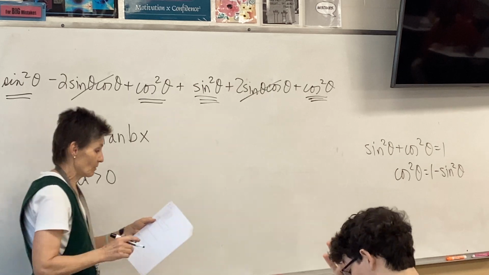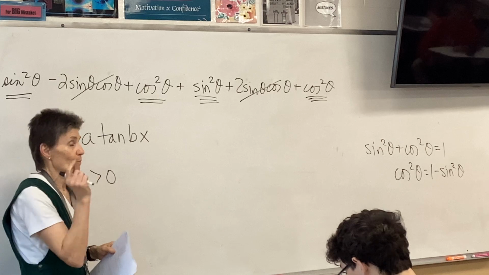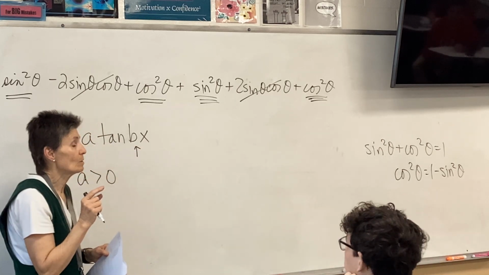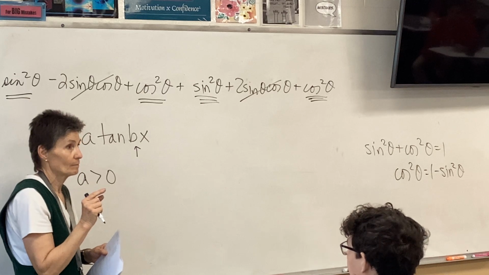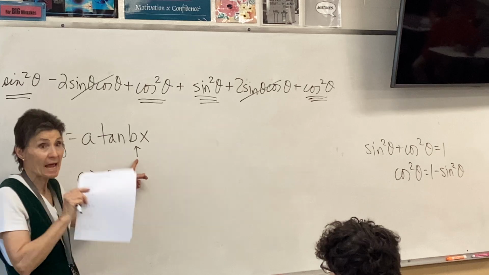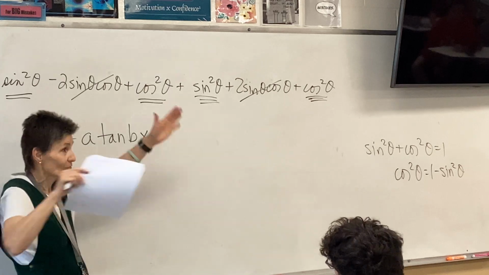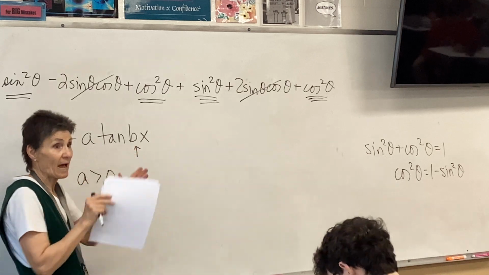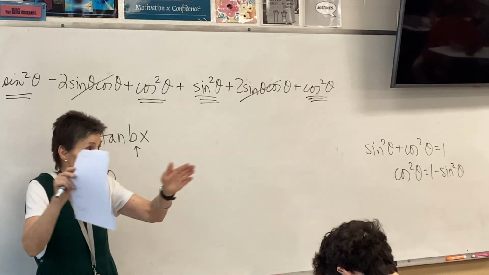So now we gotta figure out, is B greater than 1? This number right here. Is that number greater than 1 or less than 1? Now, what does that number impact? In any graph, not just this one, in any graph in the whole wide world, what does that number impact? The period. That is this dimension, right?